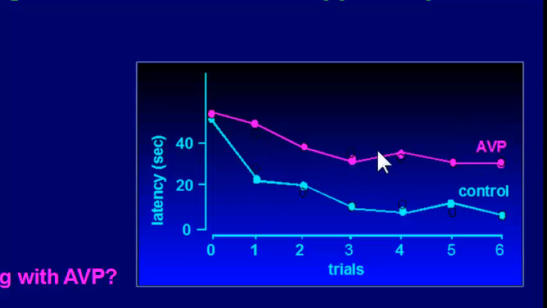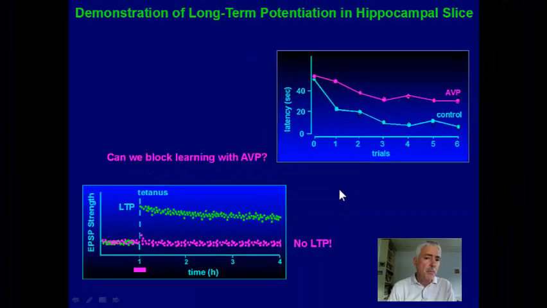What you can see here is the latency period, how long it takes the animals to find that hidden platform in the Morris water maze. And you can see that the control animal is outperforming the APV treated animal in every case. So blocking the NMDA receptor blocks LTP, and as you see up here, it also has a dramatic effect on inhibiting learning.